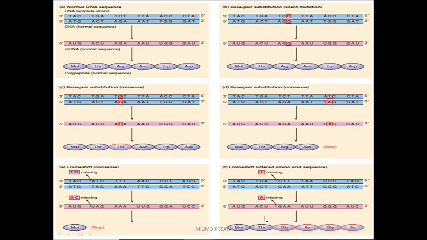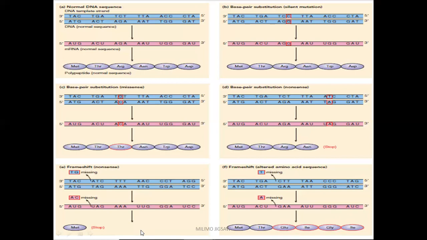And then I've already mentioned it can also alter the amino acid sequence immediately after the change, as in the case on your bottom right. Frameshift can change the sequence downstream of the mutation, or it can also code for a stop codon. So these are frameshift mutations.